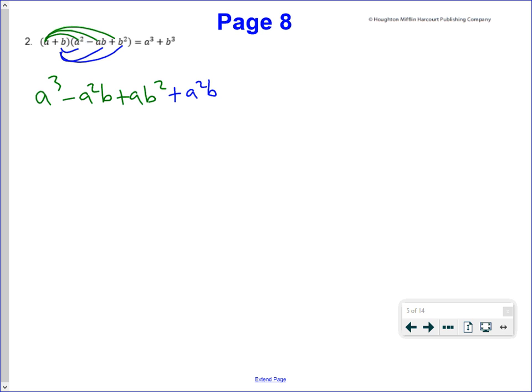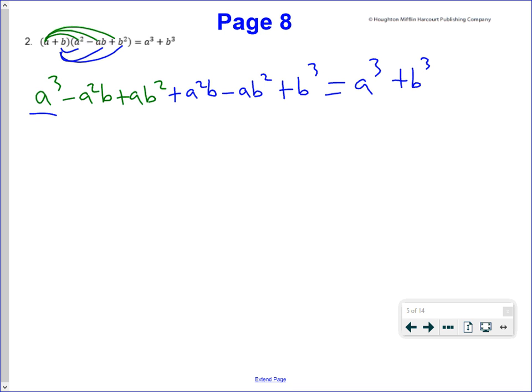B times negative ab is negative ab². And b times b² is a positive b³. And we want all this to equal a³ + b³. So now we're going to add like terms and see what we can cancel out, what we can combine, and see what we get. So we start with the a³.